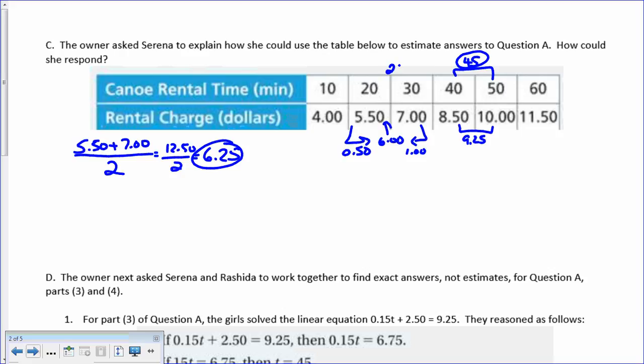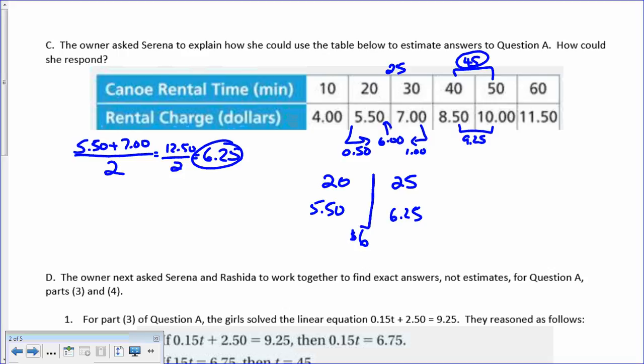And we know that 25 is in the middle. So this number has to sit between 20 and 25. At 25 minutes, it was $6.25, and we know that at 20 minutes, it was $5.50. And if we're looking for $6 here, where does $6 come into play?